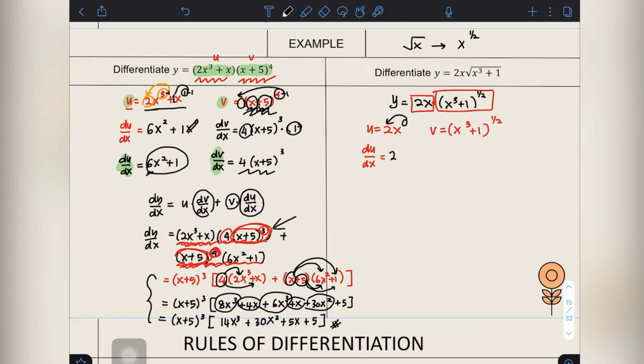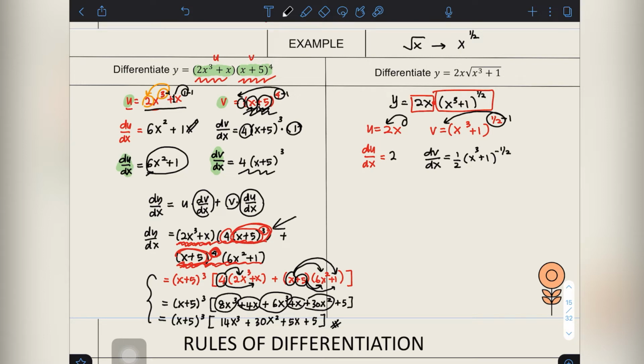And your v is a composite function here. So let's differentiate v in terms of x. You will have dv/dx. Do the process of differentiation. The first step, bring the power in front and multiply, so you have 1/2 in front. And then you just copy whatever you have in the bracket, (x^3 + 1). And the power you minus with 1, so you have negative 1/2.